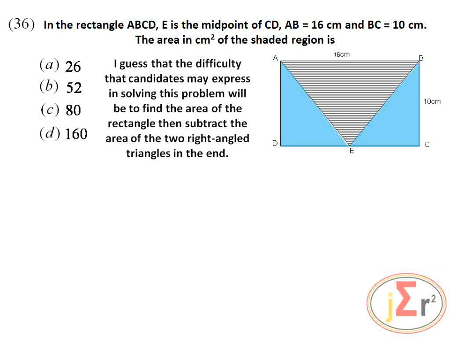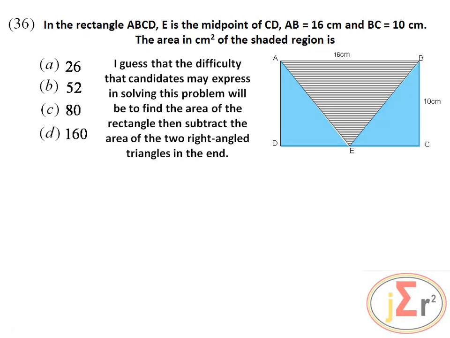I guess that the difficulty that candidates may express in solving this problem will be to find the area of the rectangle, then subtract the area of the two right-angled triangles in the end. So we may have a little bit of difficulty. Not that it is going to be harsh or way out.